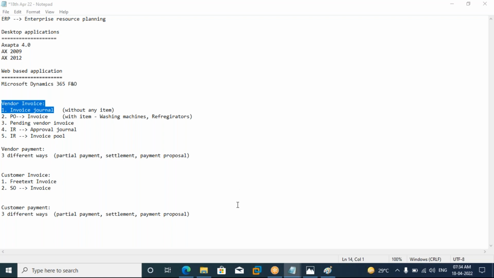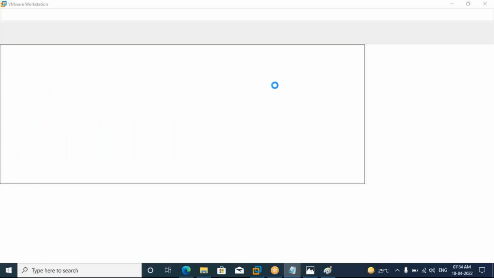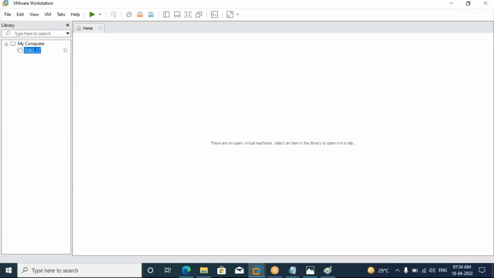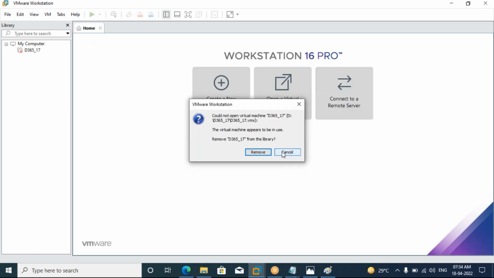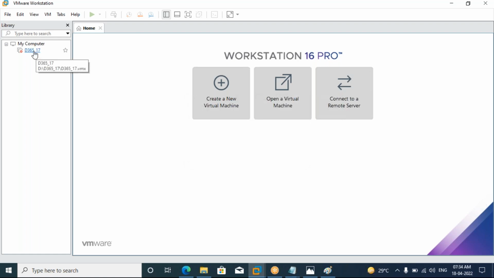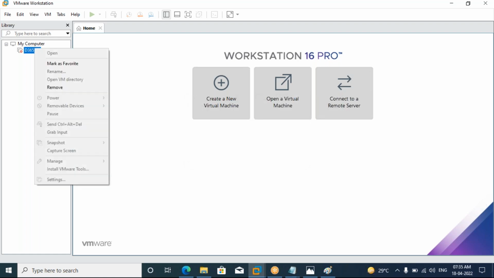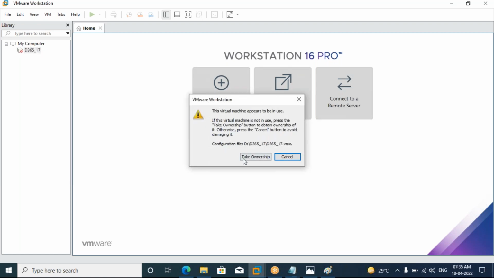I'm sorry, actually, because of a power issue, it was disconnected. Just give me a second. Let me open the application. What happened? Actually, power went earlier.